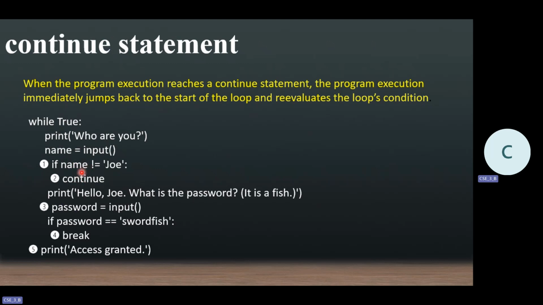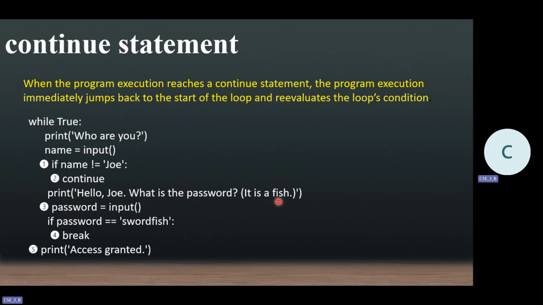Once this particular condition becomes false, that is, whatever name they have given is equal to Joe, we check the condition, and here it is true. So the message says hello Joe, what is the password? Then the user is asked to give the password.